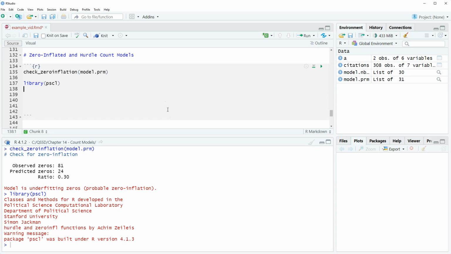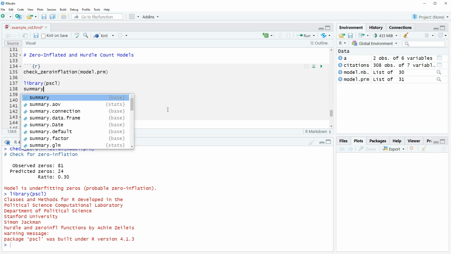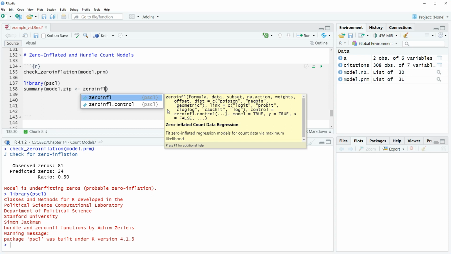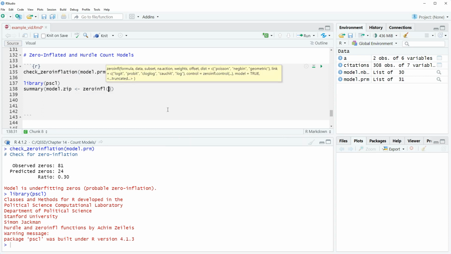So what we're going to do is run first a zero-inflated model. I'm going to do summary, and I'm going to call this model.zip. Then zeroinfl, and we are going to specify two parts of it. The first part is our count equation, and the second part will be the inflation, it's the binary part.